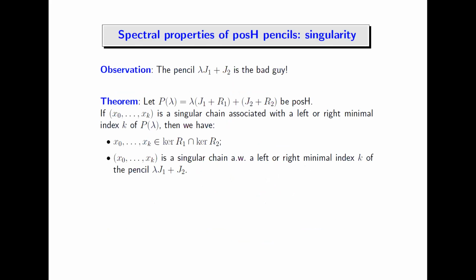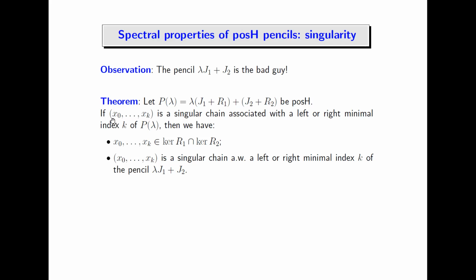So what can we say about the spectral properties now in general about these posH pencils? There is an interesting connection between the posH pencil and the underlying skew Hermitian pencil just formed by the two J matrices. The R matrices are nice, so the bad guy is this underlying pencil. The first result that we could show is that we may now have singular chains or minimal indices that are larger than 0.